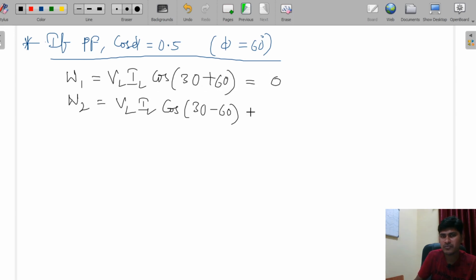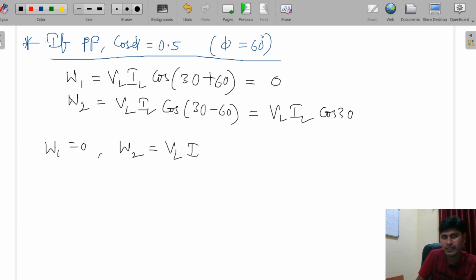So this will be 0. This will be VL IL cos 30. W1 is 0 and W2 will be equal to VL IL cos 30 degrees, right?